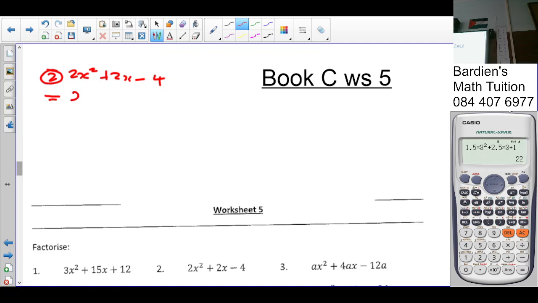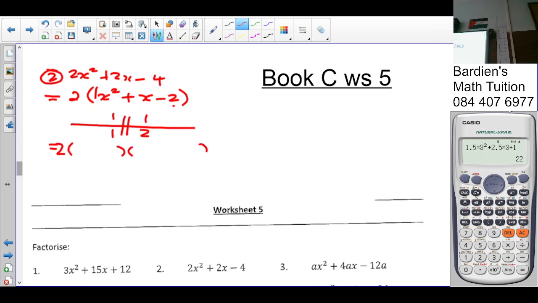So 2 is common. What are we left with? X squared plus x. Now I draw that product line. On the line goes 1 and 1, 1 and 2. Do we add or subtract our products? You subtract. So 1 times 2 is 2, 1 times 1 is 1, you subtract, you get 1. And that's what I want.